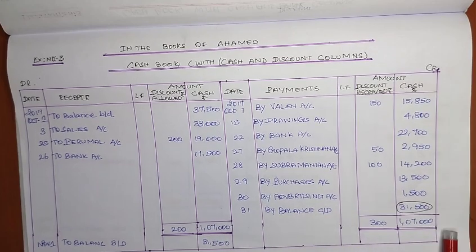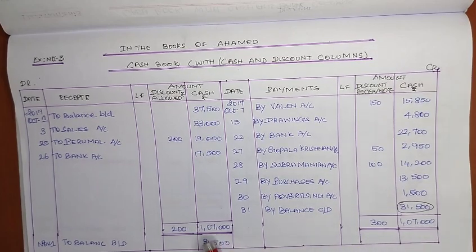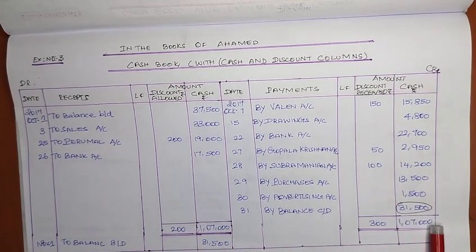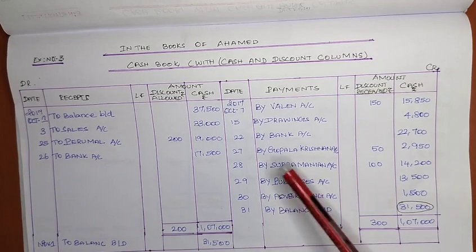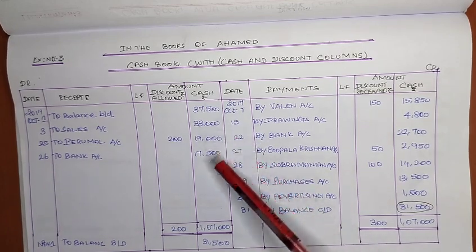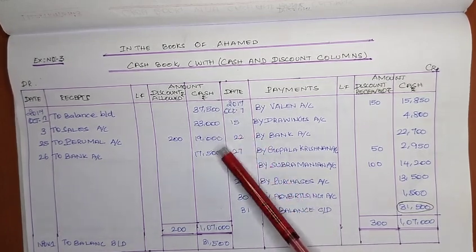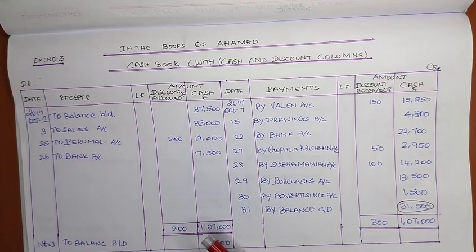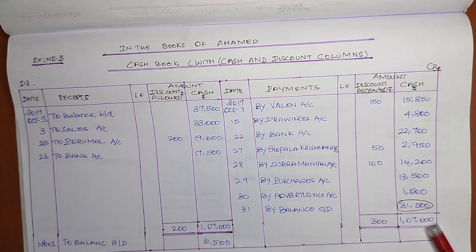Okay, we entered. For the cash book, we always consider the debit side has the higher value, so that higher value we have to total on both sides.